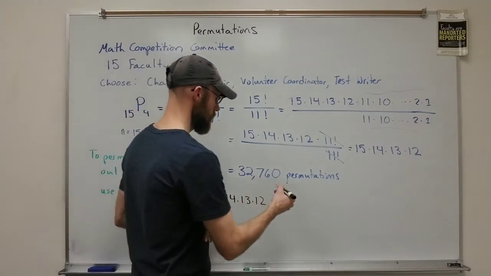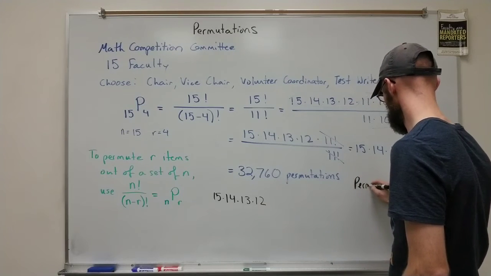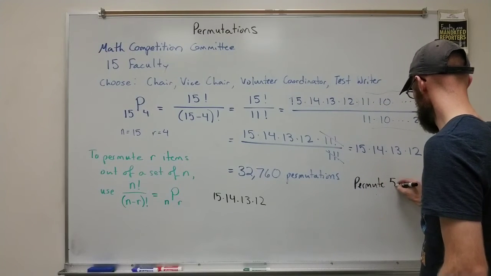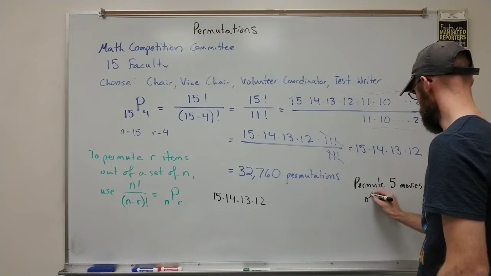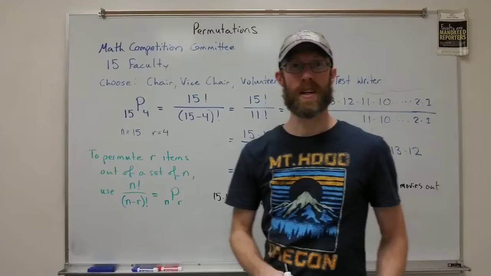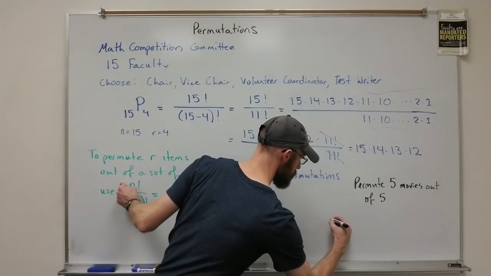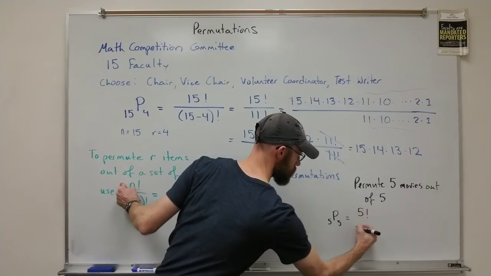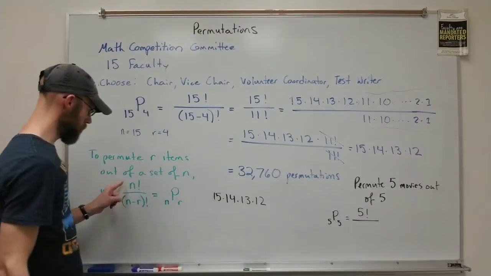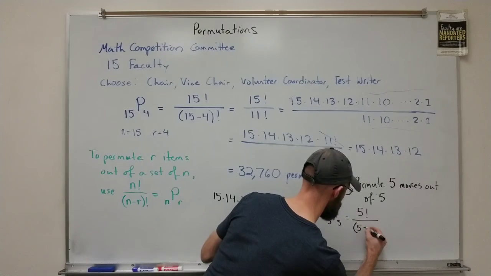If I'm permuting 5 movies out of 5, right? Then you're doing the 5 factorial on top. So you get 5 permute 5, which is 5 factorial on top, over n minus r, which is 5 minus 5 factorial.